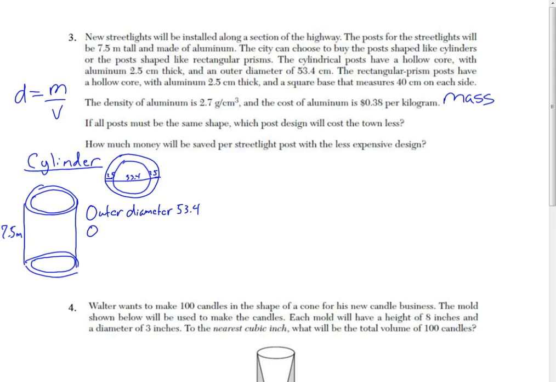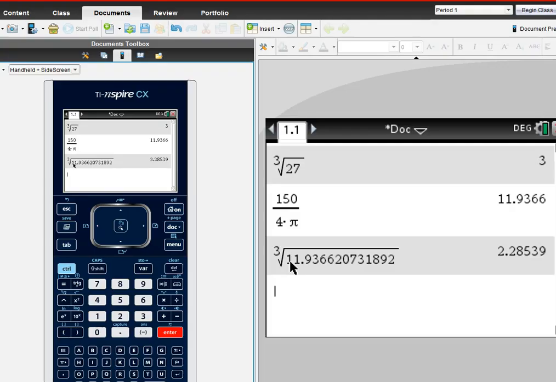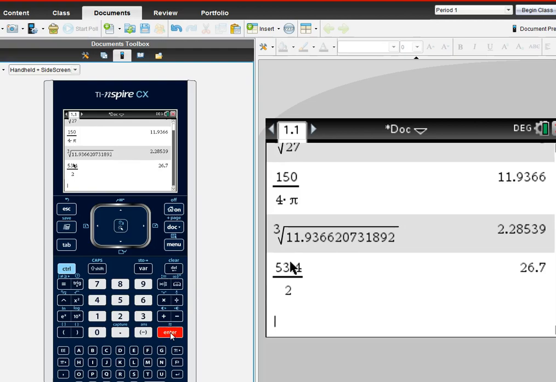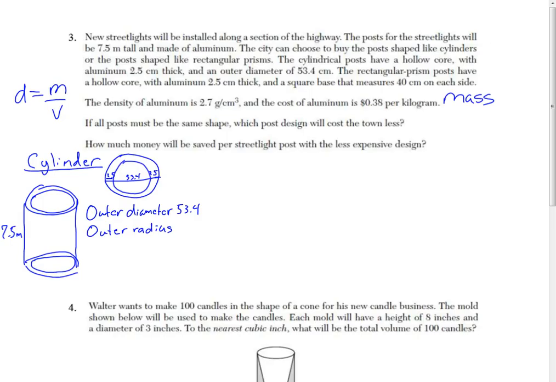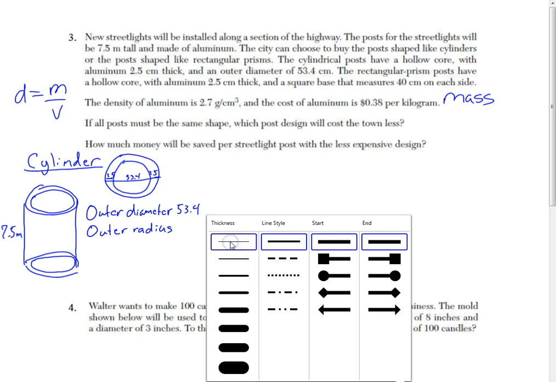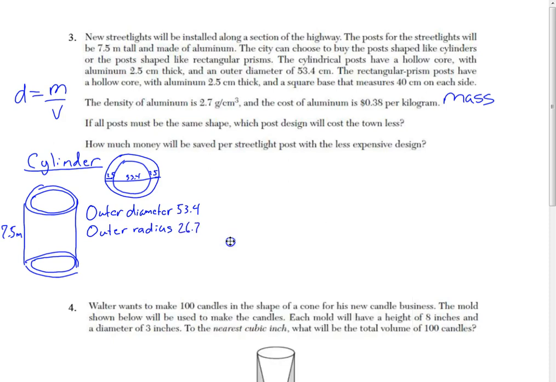That means the outer radius would be that divided by 2. 53.4 divided by 2 is 26.7. So the outer radius is 26.7.